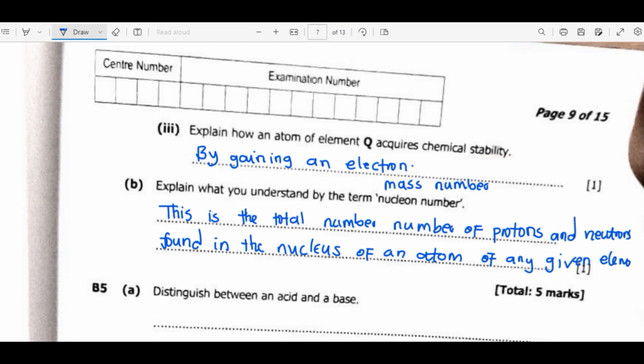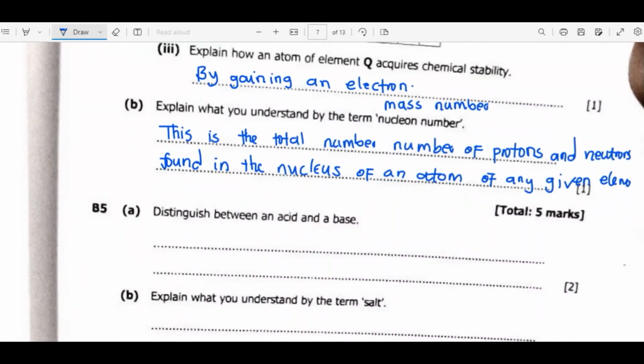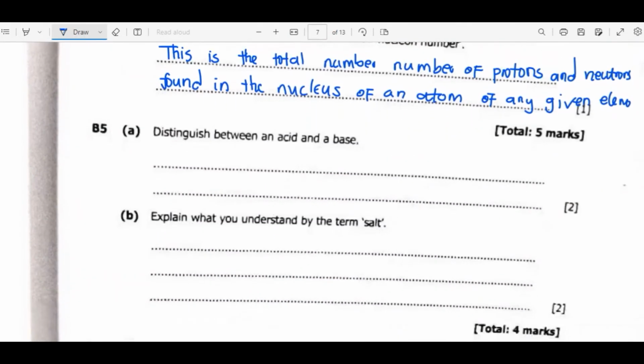Or you can just say the sum of the number of protons and neutrons found in the nucleus of an atom. Okay, now let's have the last question, question 5.